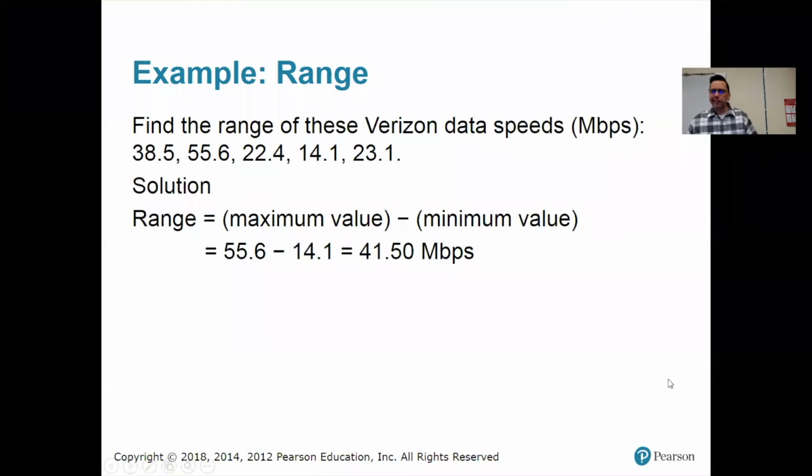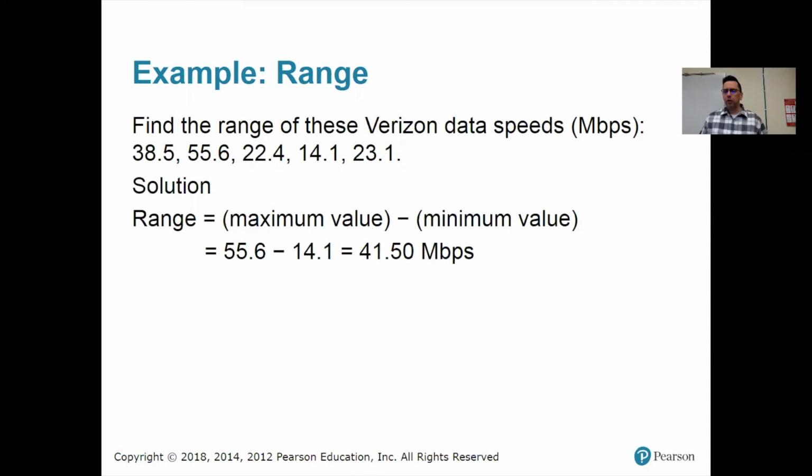Okay, so here's an example of finding the range. These 5 numbers probably look really familiar to you. Same ones that we were using a lot in 3-1. Find the range of these 5 Verizon data speeds, which are in megabits per second. Very easy, you just find the maximum, which is 55.6, and the minimum, which is 14.1.